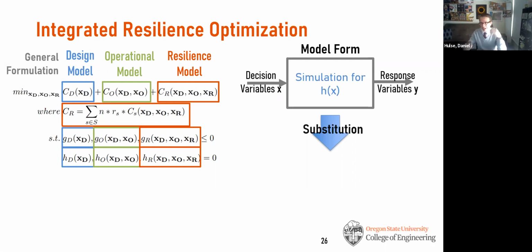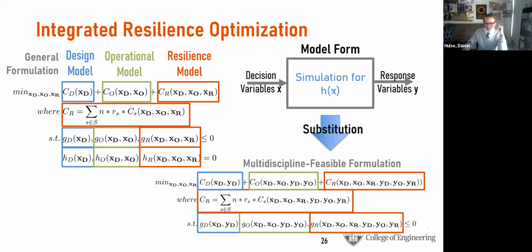If we perform that substitution, we get what you might call a multidisciplinary feasible formulation of the problem, where we have the same problem, but instead of equality constraints, we just have inequality constraints.